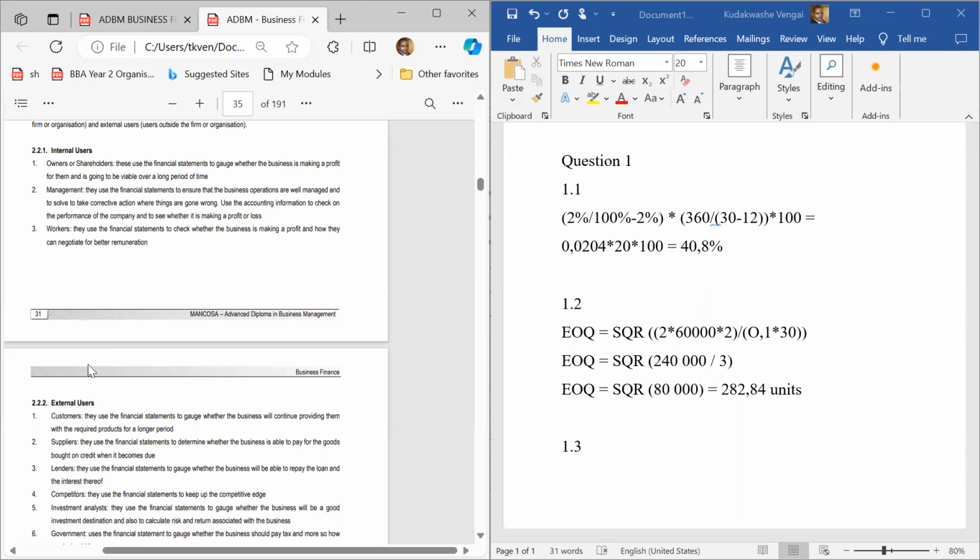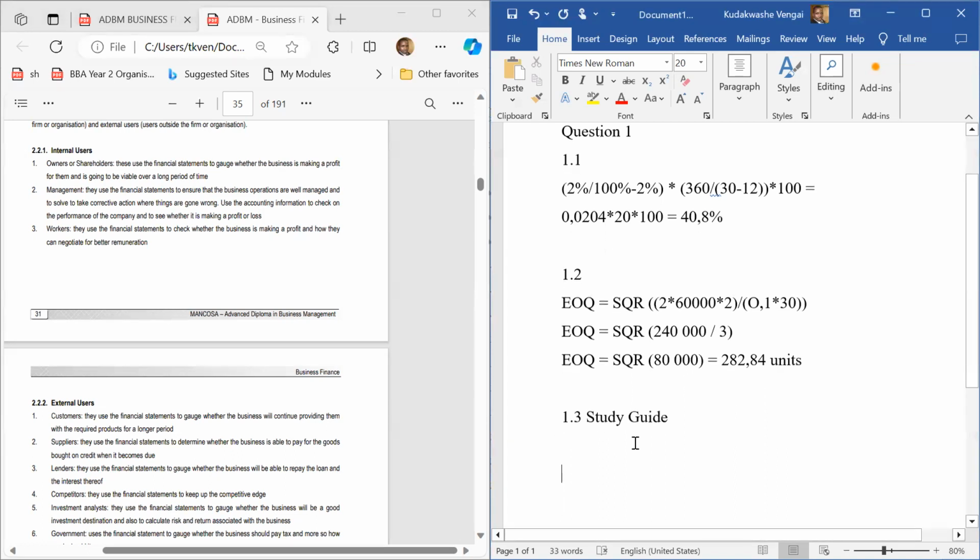Don't just copy and paste as it is, but take the subheadings, the names, and write the same information in your own words. So that's 1.3. This one is just in the study guide, right? Just check your study guide for 1.3. You don't need to reference, you don't need to worry about that.